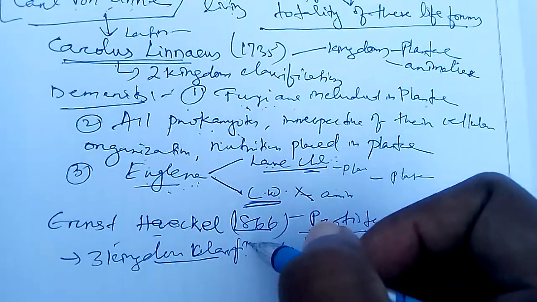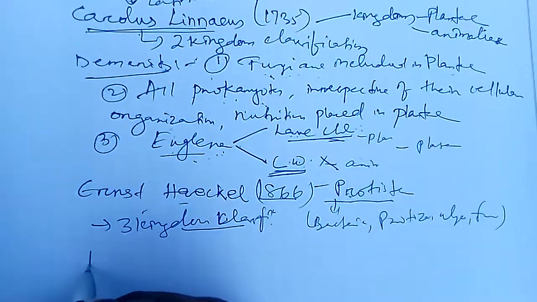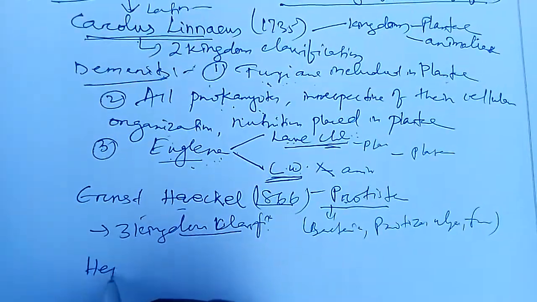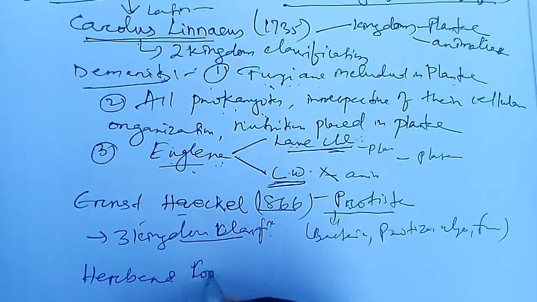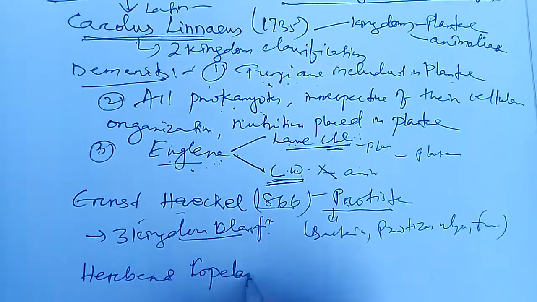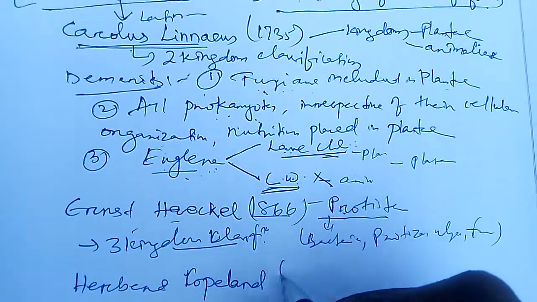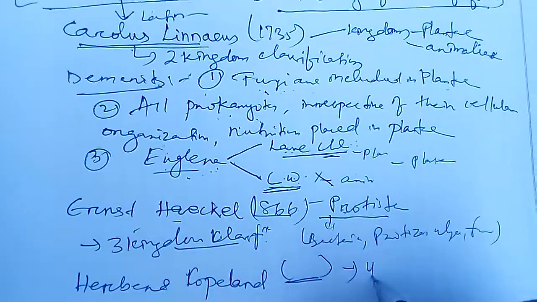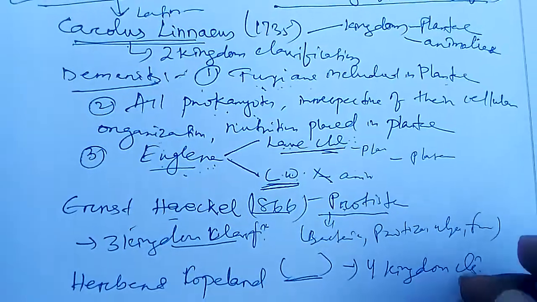After the three kingdom classification, another scientist, Herbert Copeland, H-E-R-B-E-R-T, C-O-P-E-L-A-N-D, proposed the four kingdom classification.